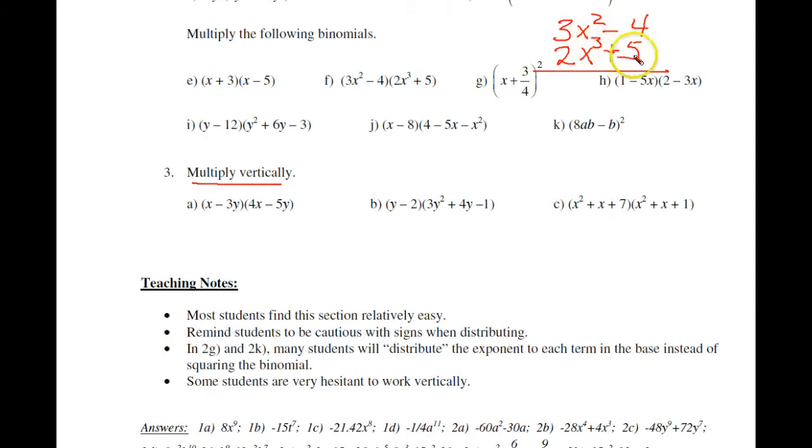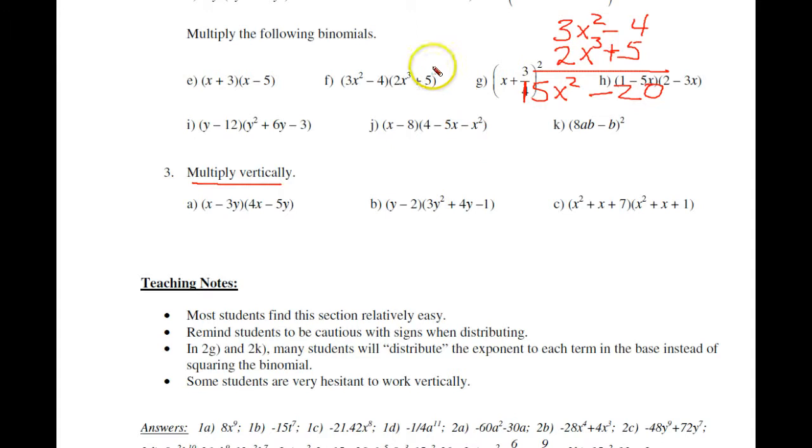And what happens here now? Well, we're going to multiply this 5 times this 4. So positive times a negative gives you a negative 20. Now I'm going to multiply this 5 times this, and that's going to be 15x squared. Now I'm going to multiply this term by this 4.